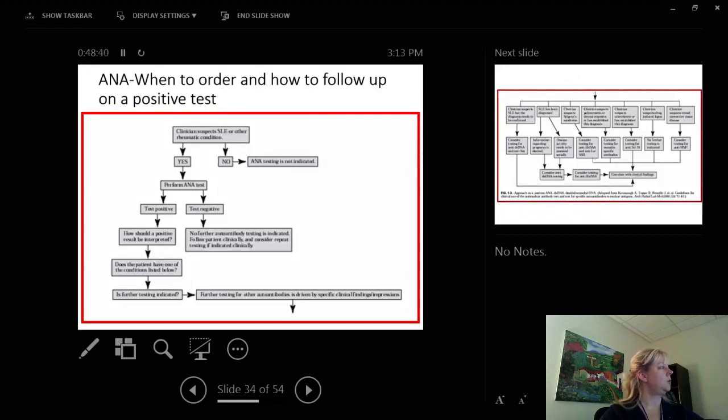And then if you do suspect the rheumatic condition or lupus, then you'll get the ANA test. If they test negative, then you don't need to go further. You can also refer if you're still unsure. If they're positive, then how should a positive be interpreted? Do they have one of the conditions below? Is further testing indicated?